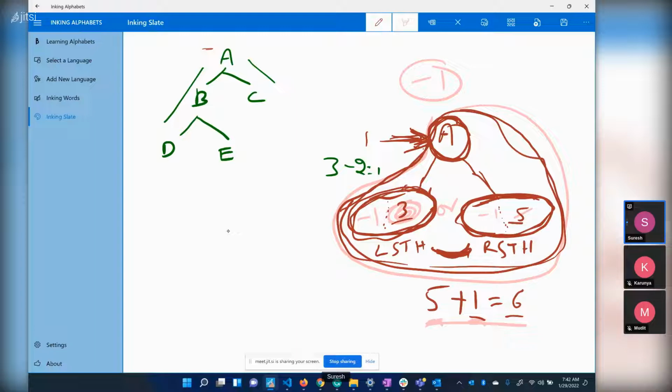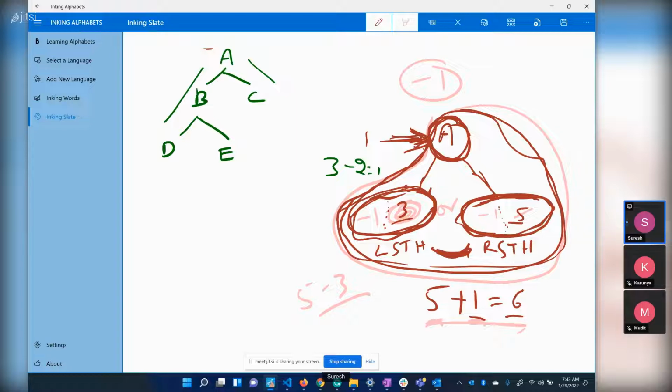Subtracting 5 minus 3 is not required in a normal algorithm where you want to find the height. But we are doing it because we want to calculate the height only if the subtree is a balanced subtree.